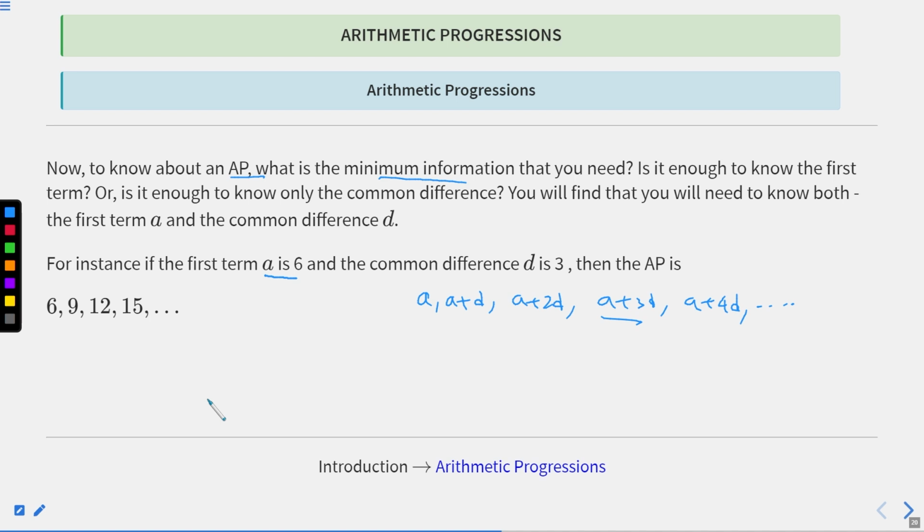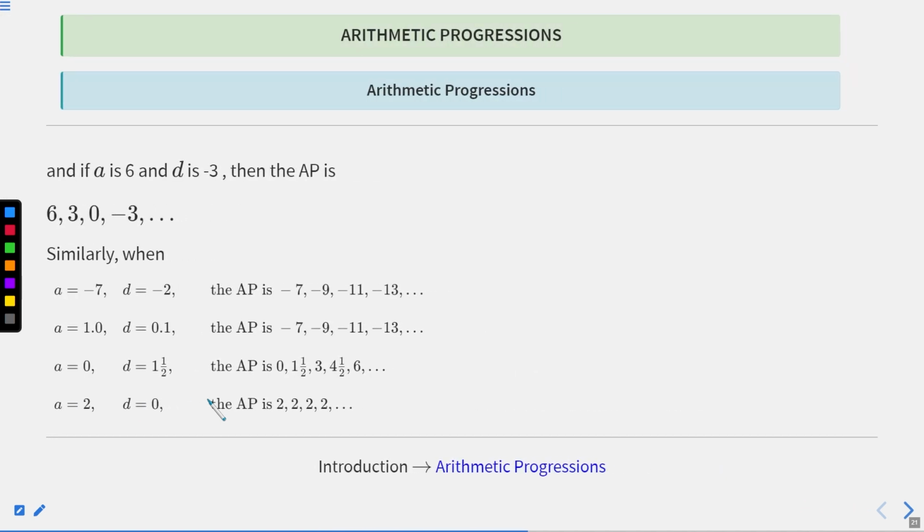Now, if the first term A is 6 and the common difference D is minus 3, then what will be the AP? We know the general form of an AP: A, A plus D, A plus 2D, A plus 3D, A plus 4D, and so on. Here A is 6 and D is minus 3.